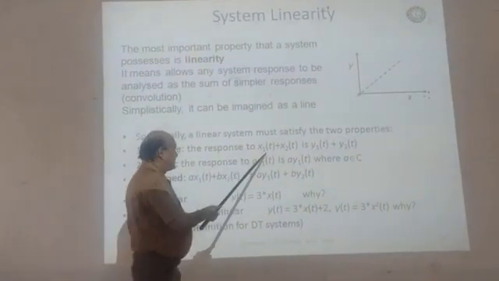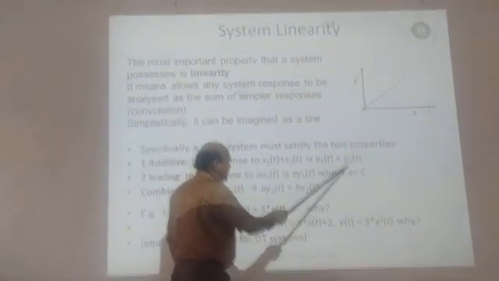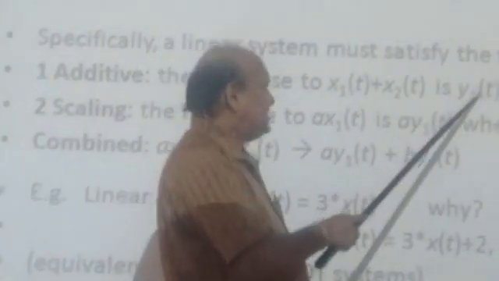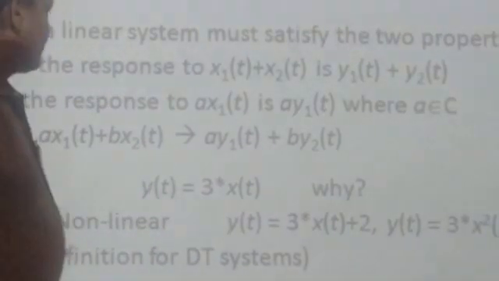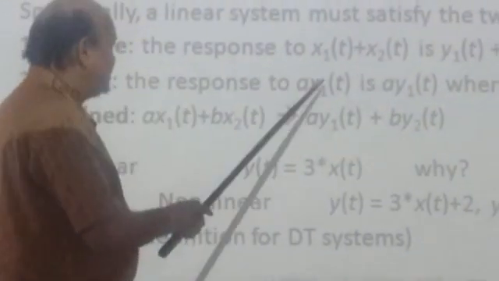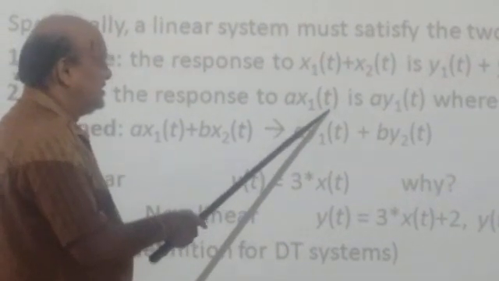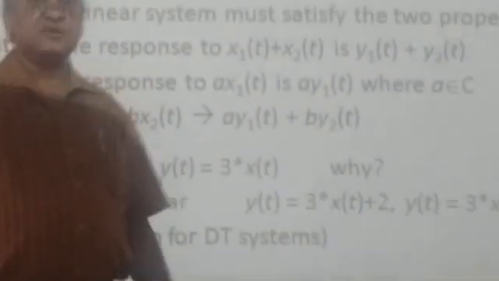Additive means x1(t) + x2(t); the response is y1(t) + y2(t). A linear combination of these two inputs will give the linear combination of the two outputs. Similarly, scaling, you can scale here by a x1(t). Its response will be a y1(t). This is called scaling.